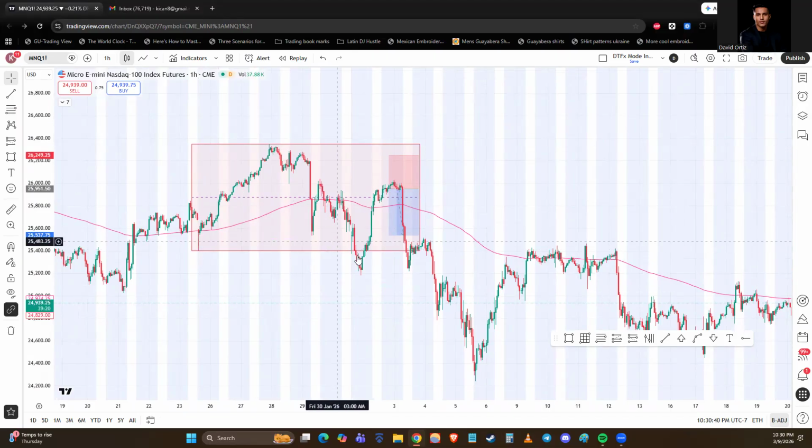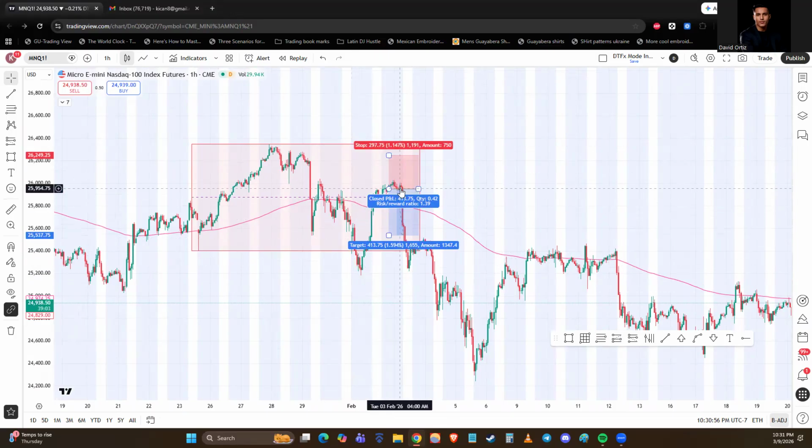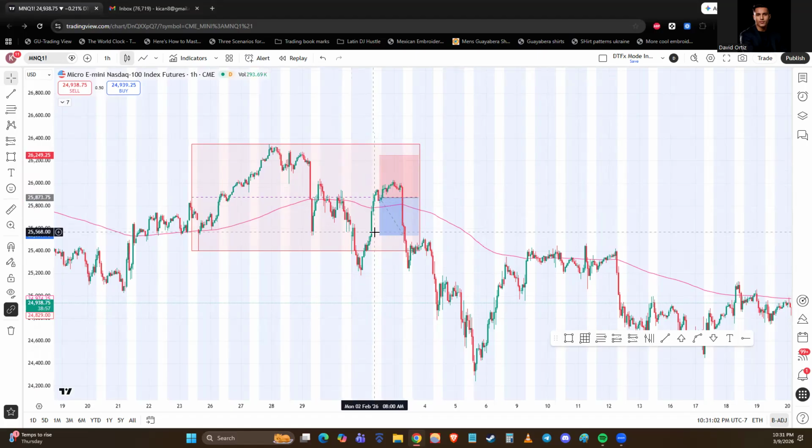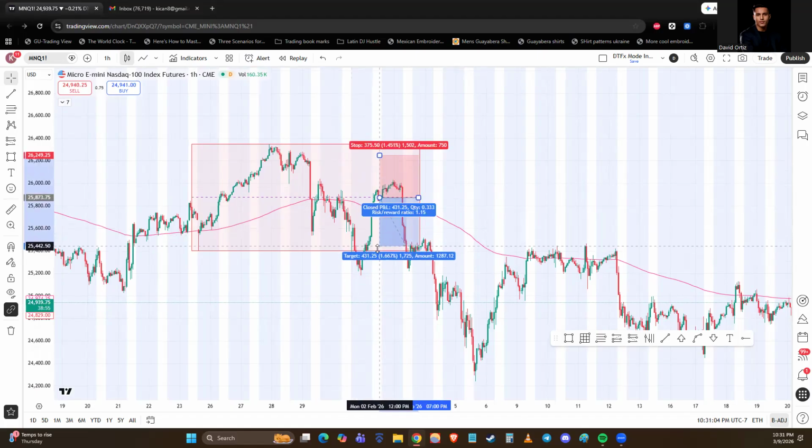When the price closes below the wick right here, that's when the box forms. The strategy is that once the price closes below the box and comes back up to the 50%, you take the trade off the 50%. Because you already know the direction, which is down, you aim for the bottom of the box.